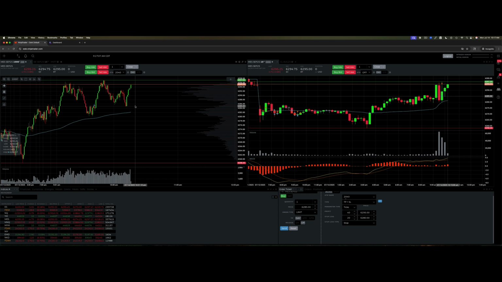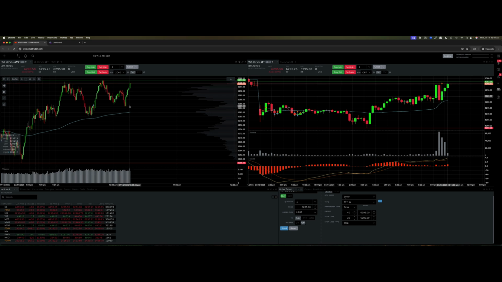Damn, I don't know if I would have gotten filled there, to be honest with you, though. Actually, yeah, it dipped right under there. So maybe I probably would have got filled with just one contract. But damn, that would have been perfect. It would have hit right here, and then boom for the second trade. Very similar to the first trade from here to there. But again, the first trade, remember I missed it. I said I wanted to get close to here, missed it, entered up here, got that second trade.